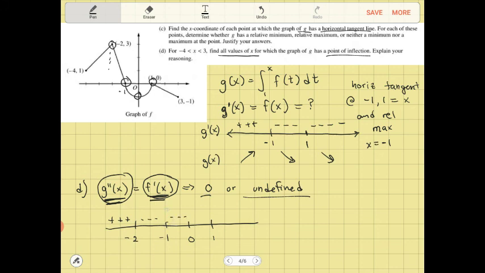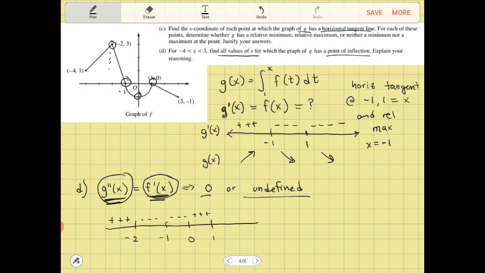So then, this guy is not going to be an inflection point because the second derivative is not changing. Okay? And then between 0 and 1, the slope is increasing. The function is increasing, which tells you the second derivative is positive.